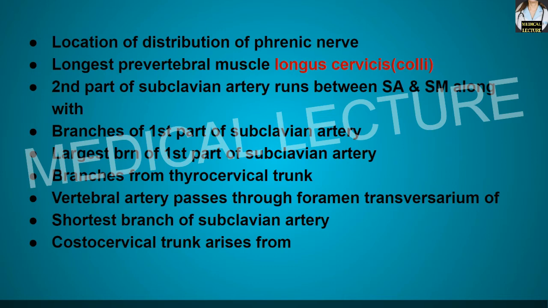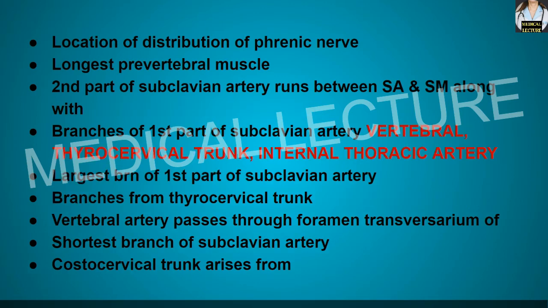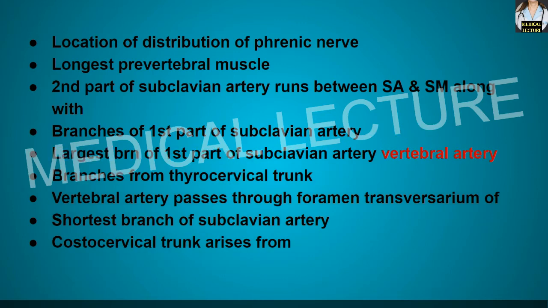The second part of the subclavian artery runs between the scalene anterior and the scalene medius muscle along with the lower trunk of the brachial plexus. Branches of the first part of the subclavian artery are the vertebral artery, thyrocervical trunk, and the internal thoracic artery. The largest branch of the first part of the subclavian artery is the vertebral artery.